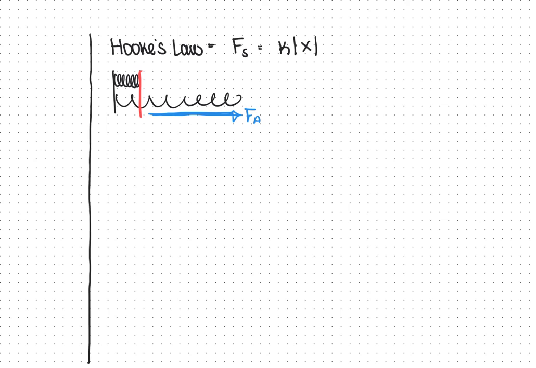What is the spring doing in response? Pulling back, right? It wants to go here. So if I pulled on it with, let's say, 10 newtons of force, how much force is the spring going to respond with to pull itself back? 10 newtons of force. We had that equal and opposite idea of spring force.